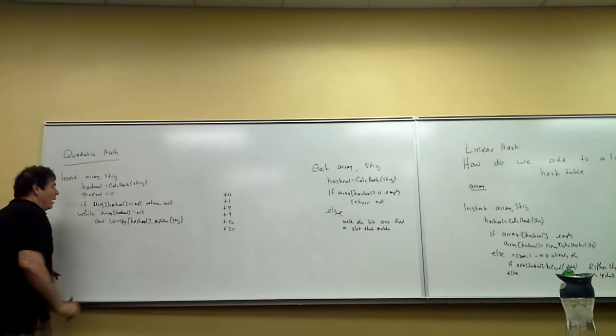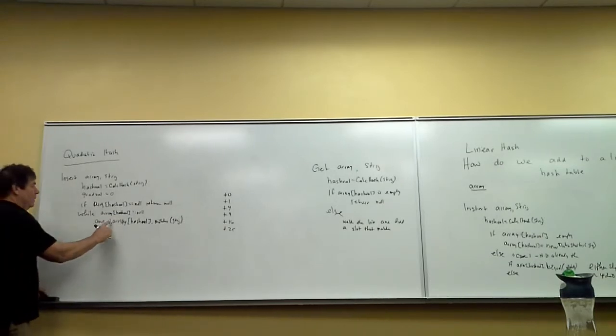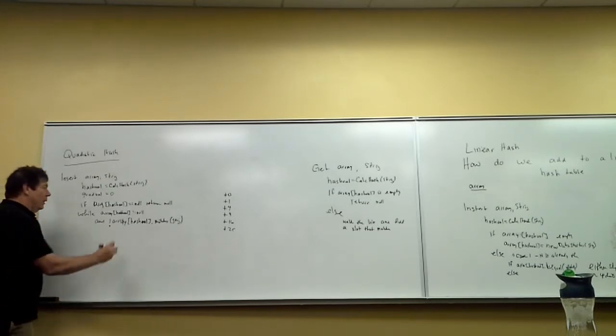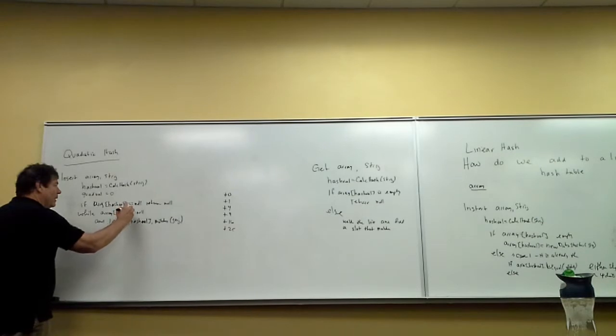Wait, we need to say not, right? We're only going to do this while it's not equal, right? So what do we do? Guys, be fussy on these mistakes. Plus quad val, right?